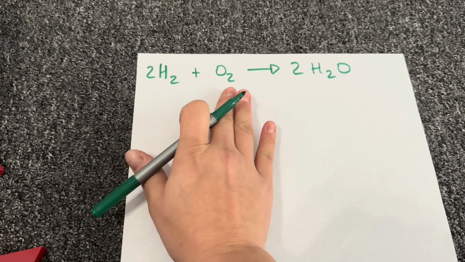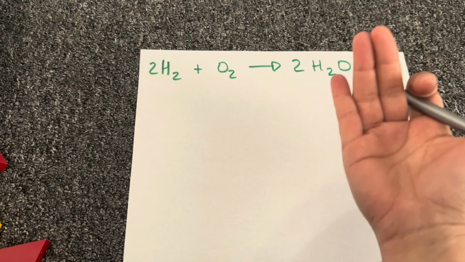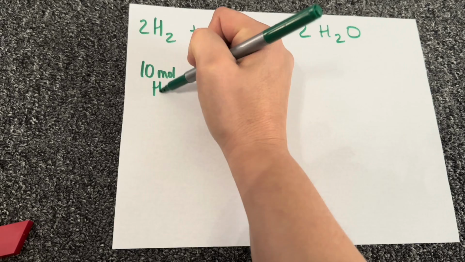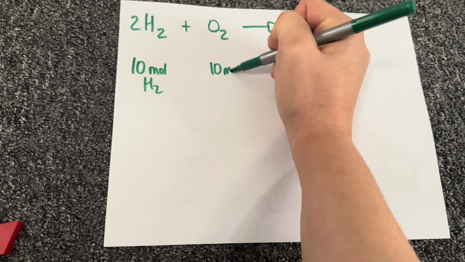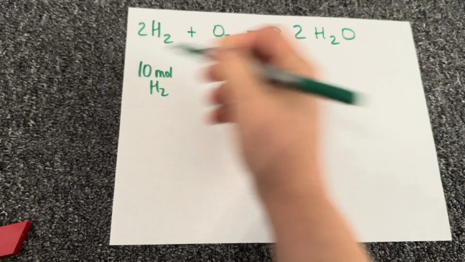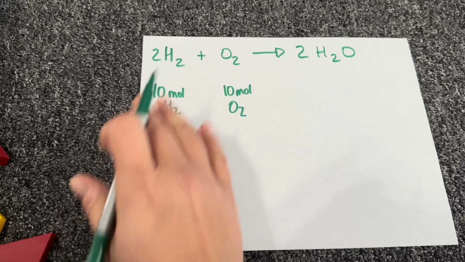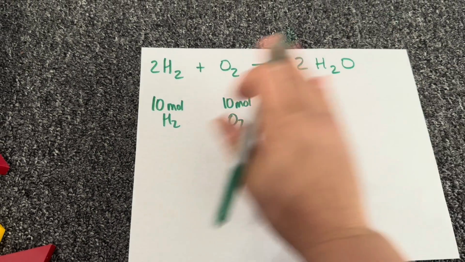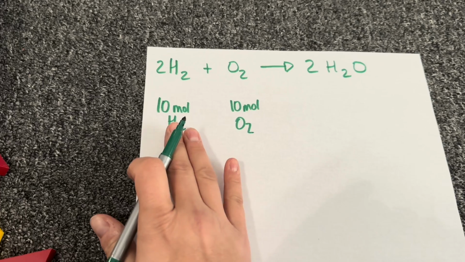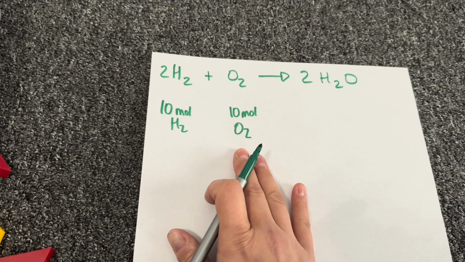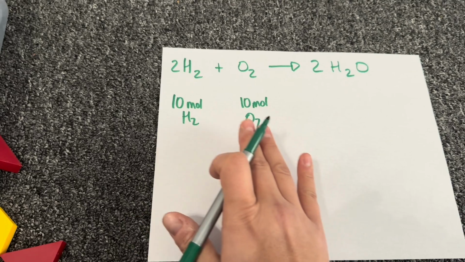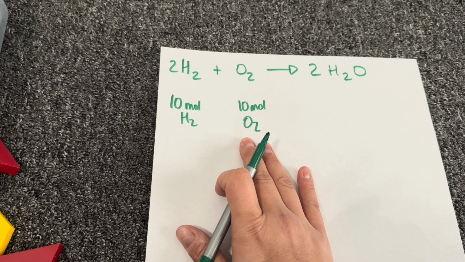If I have equal amounts, let's say I had 10 moles of each, 10 moles of H2 and 10 moles of O2, to make this reaction happen. The first time I do this reaction, I'm going to use up 2 and 1, so I'm left with 8 and 9. The next time I do this reaction, I'm left with 6 and 8. The next time I do it.